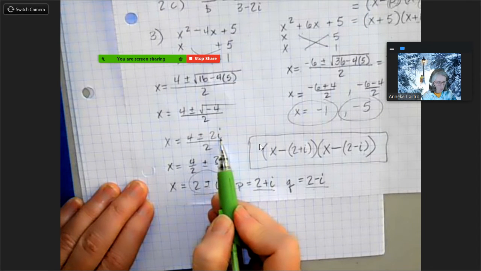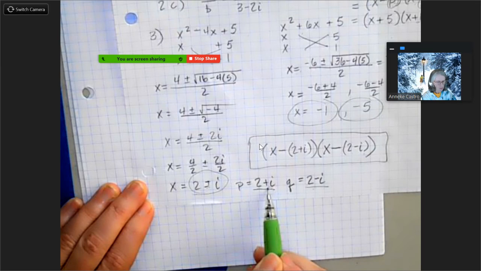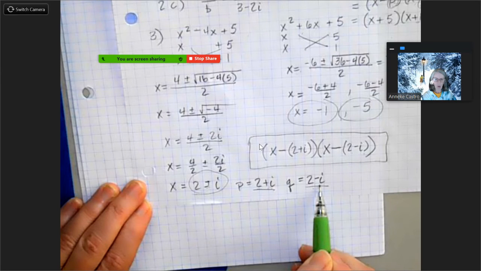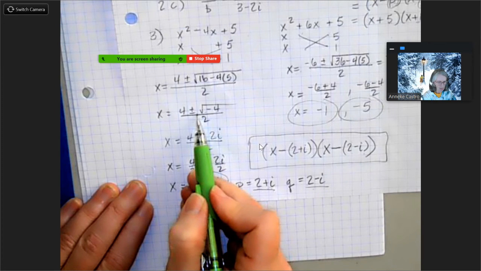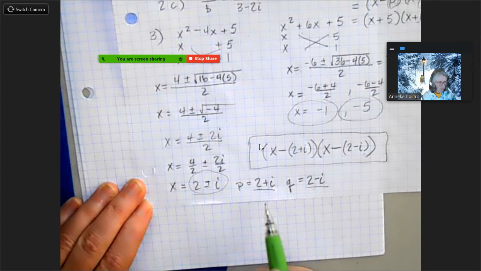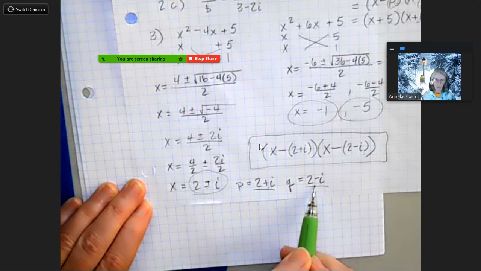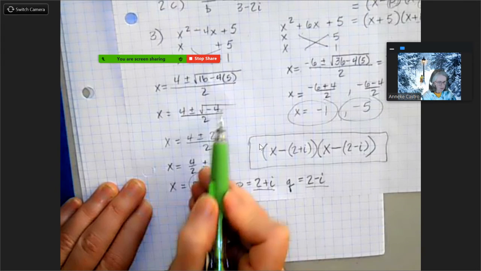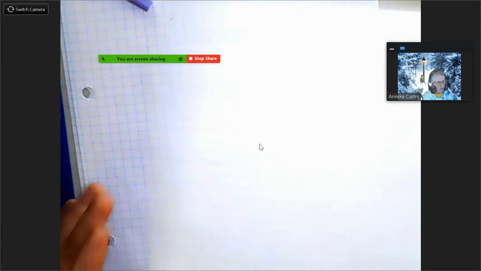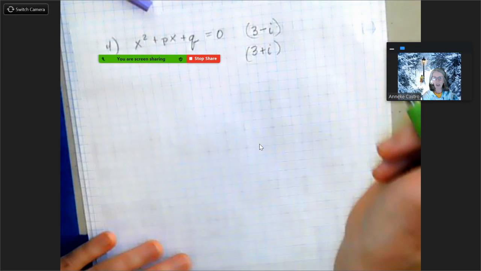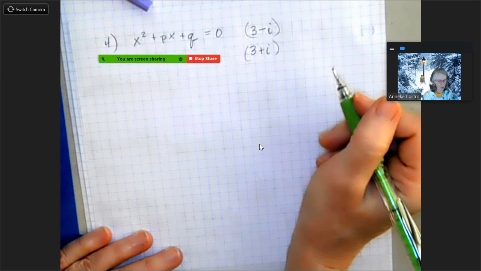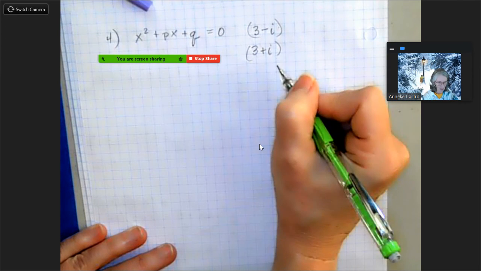So if you have one with a plus, there's got to be one with a minus. They always come in pairs. There's no way both of them are going to be pluses. So I know that these are going to be my two solutions because of the nature of these imaginary solutions. It just has to be that way.